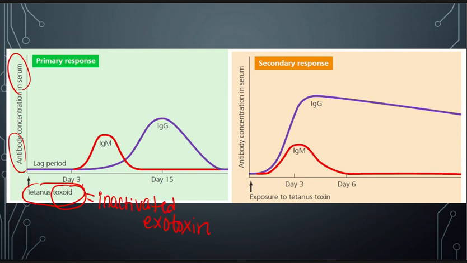Once you've gone through the recognition of the antigen and the processing of the antigen and then the specific activation of those immune cells, macrophages will present those antigens to the T cells, and it'll cause B cells to be activated, and then the plasma cells that result from that are going to start producing more IgG and a peak of IgM.